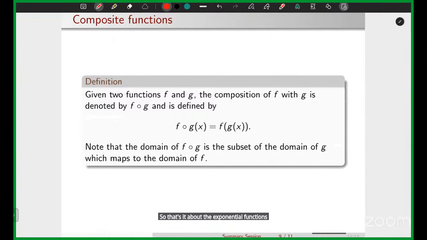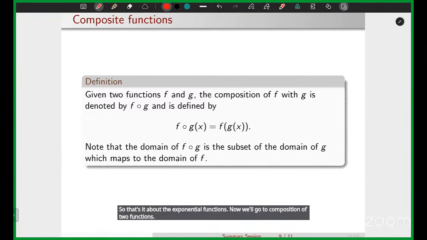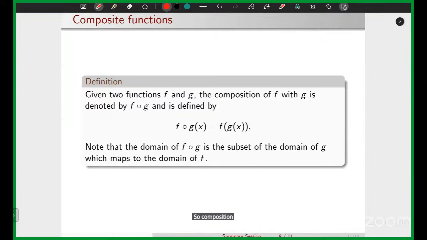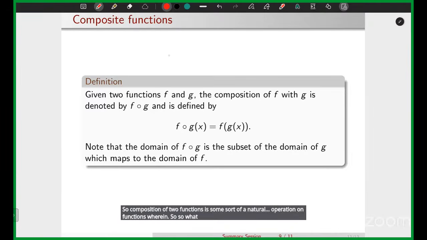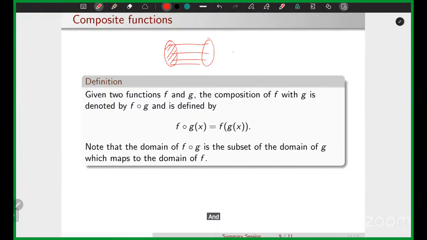Now we'll go to composition of two functions. Composition of two functions is some sort of a natural operation on functions. What do you understand by functions? You have a set of elements and then you map them to another set of elements. This is something like the input, and if you operate the function, you will get the output.